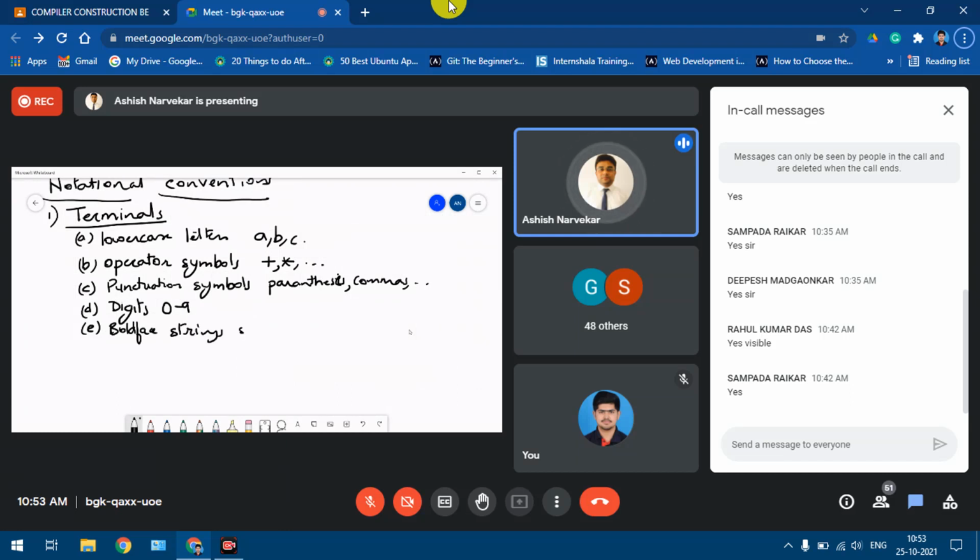Just as an example, I'm calling it boldface. So something like this, or suppose if you're using any of the constructs of the language, something like this. Okay, so I've just darkened these two words, ID or IF. Each of them is also called a terminal.